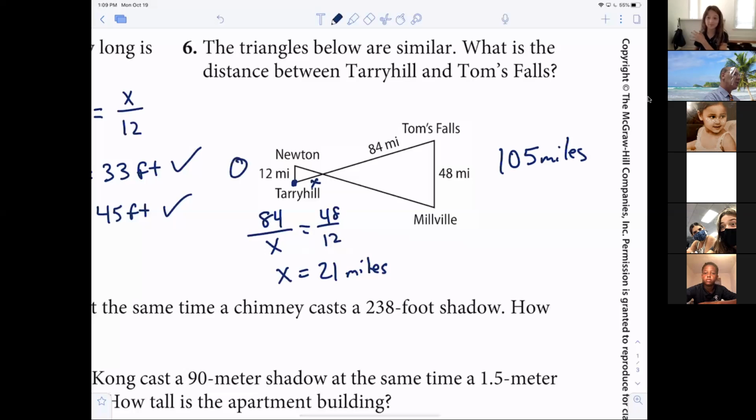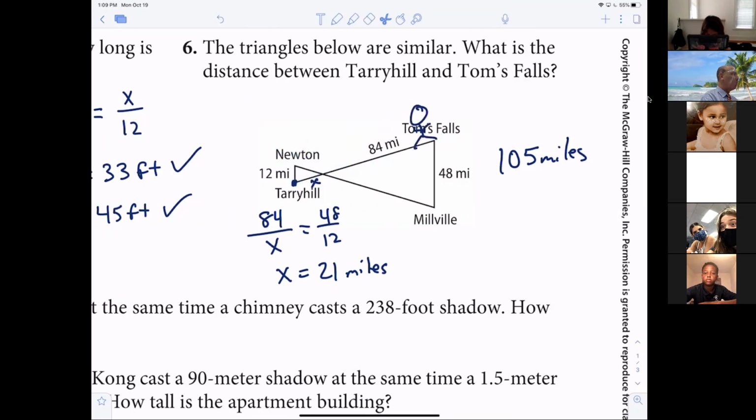Look, Trey, come on, man. We're going on a little walk here. From here, I walked all the way to here. From here to here is how much? I got 21. But we're not walking just to there.